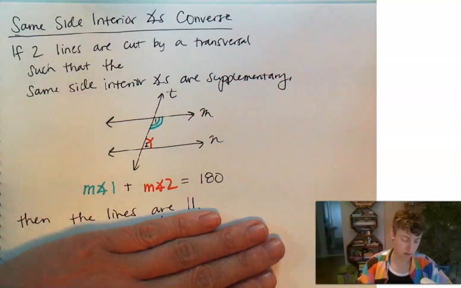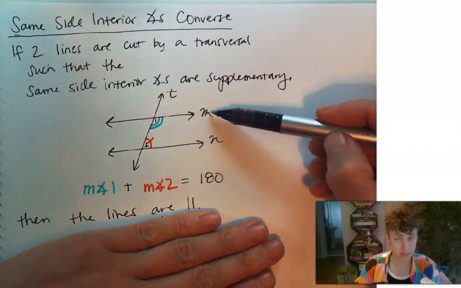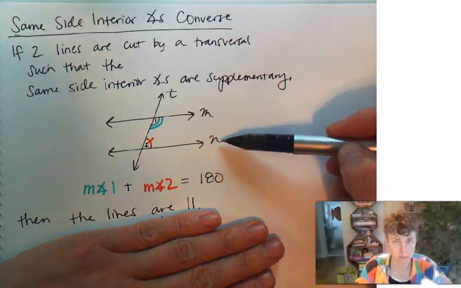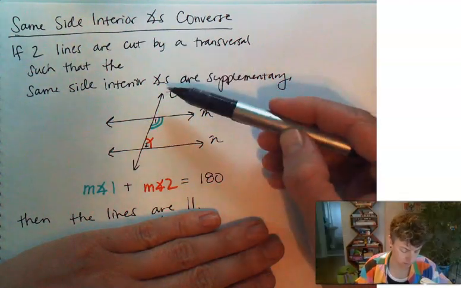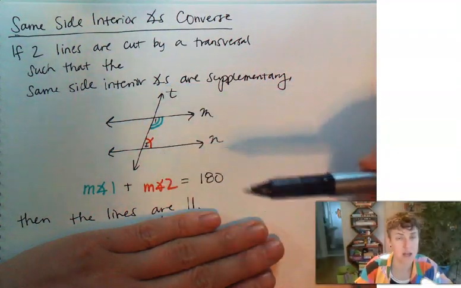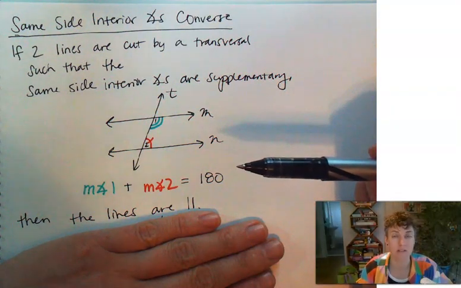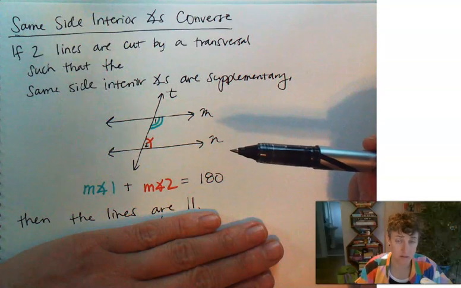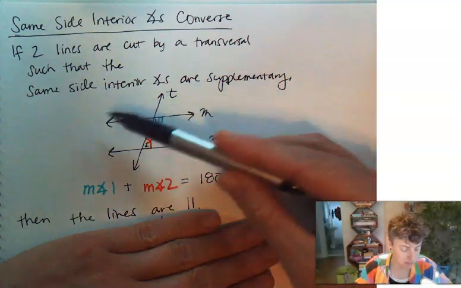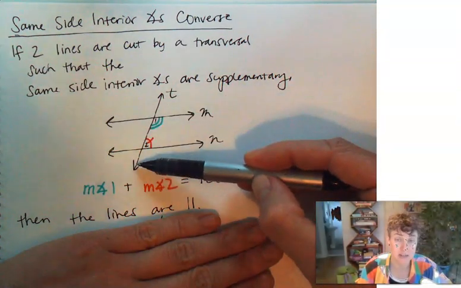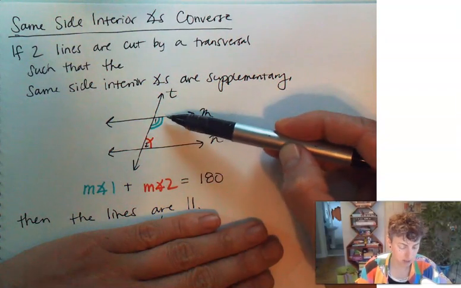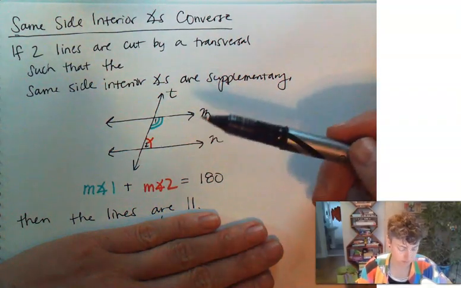It says, if two lines, like line M and line N, are cut by a transversal, T, such that the same side interior angles are supplementary. Again, they're called same side because they're on the same side of the transversal T, and they are interior in between the parallel lines.